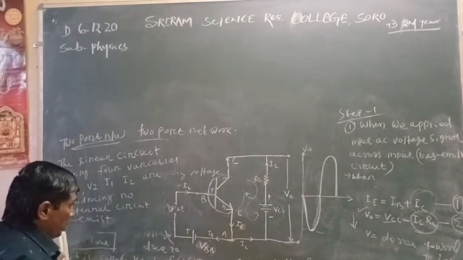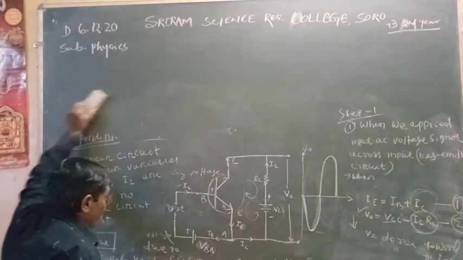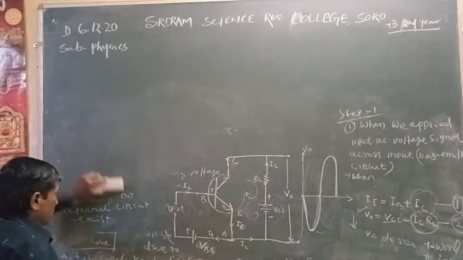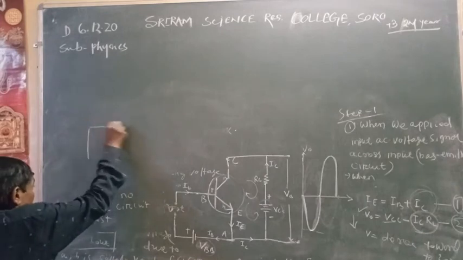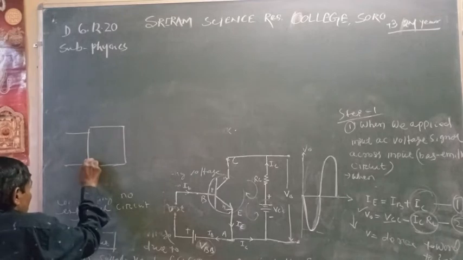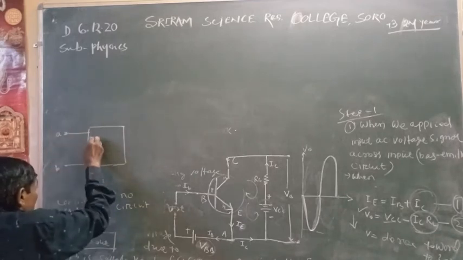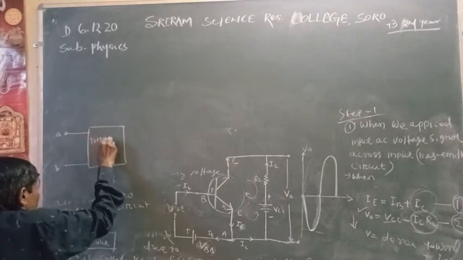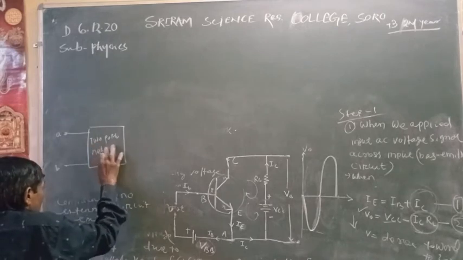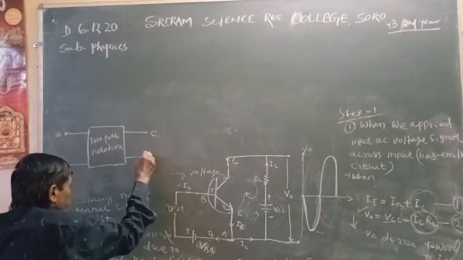That means the external circuit does not exist. Here this is the two-port network circuit, this is the terminal. Now this is the point A and B. Now this is the two-port network. This is the C and D.